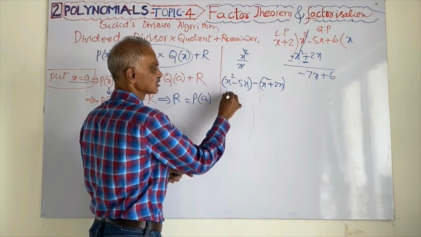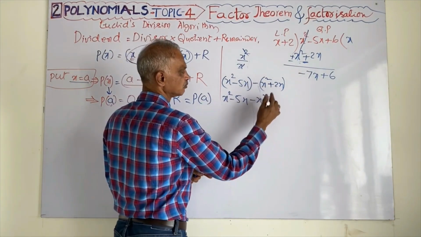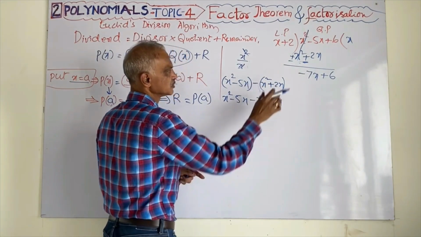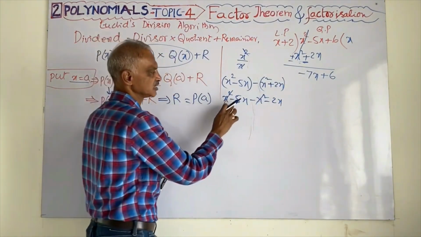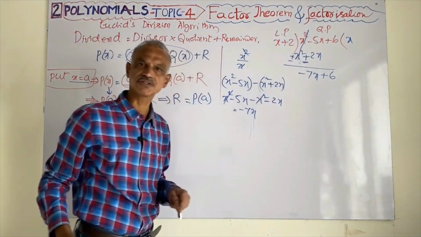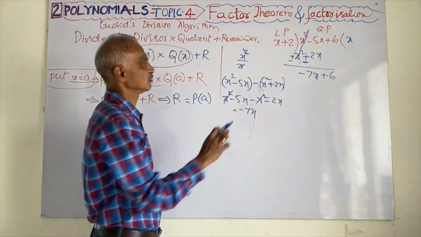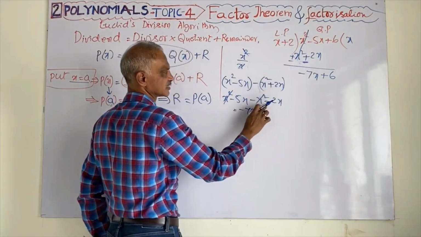You see, x square minus 5x minus x square minus 2x. The x square and minus x square cancel, minus 5x minus 2x is minus 7x. I got the same minus 7x. Plus became minus, plus became minus.